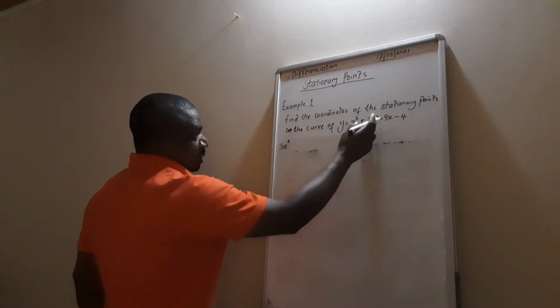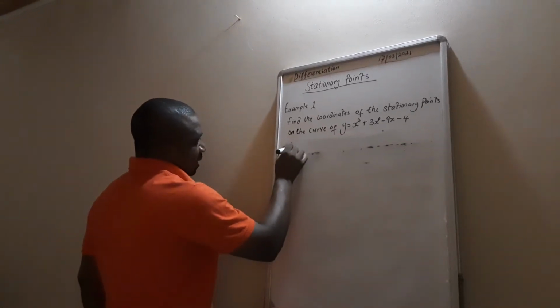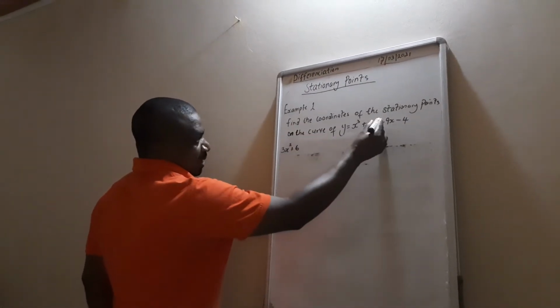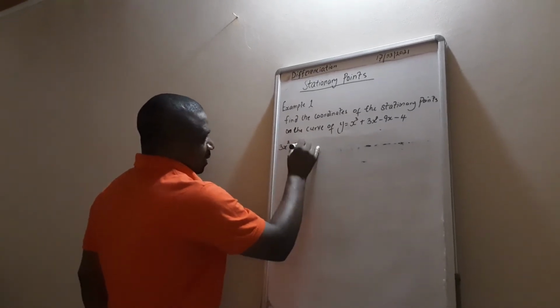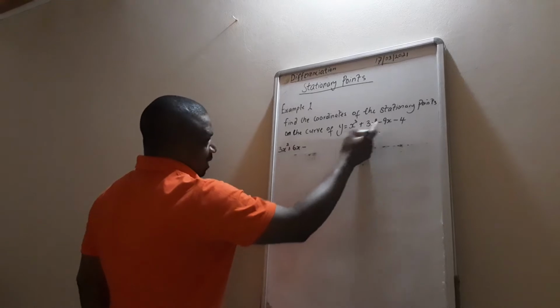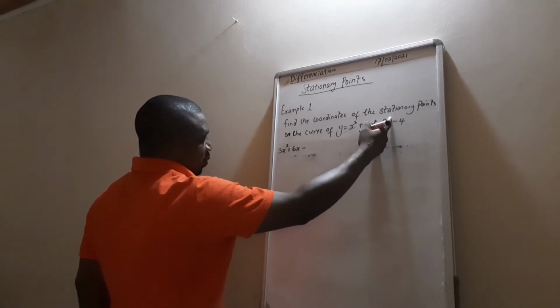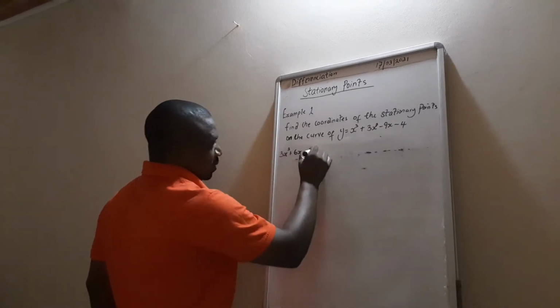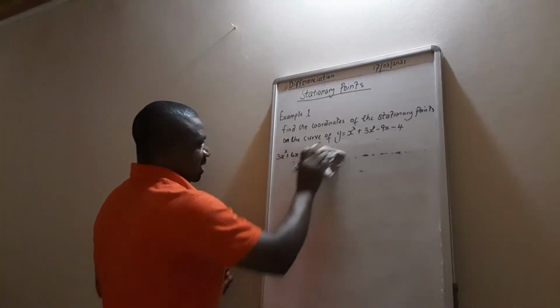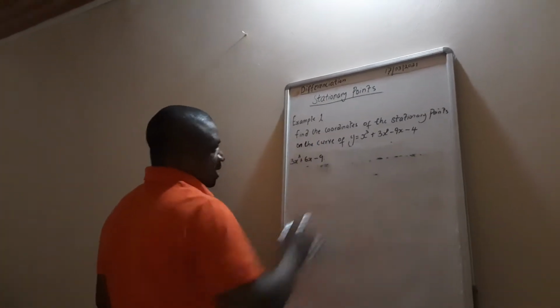Here we have 2 times 3, that is 6, and the power 2 minus 1 becomes 1. And here we have 9, because x to the power 1 becomes 1. The constant becomes 0, so we don't need this 0.